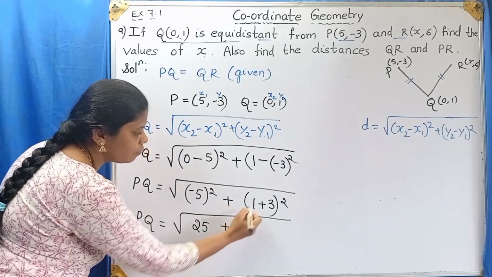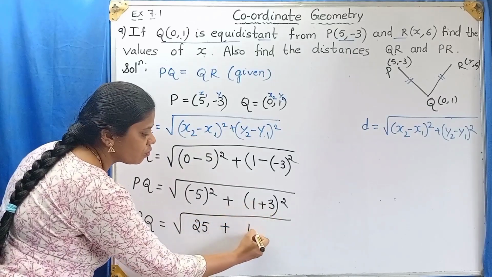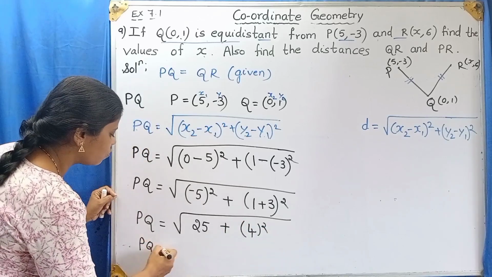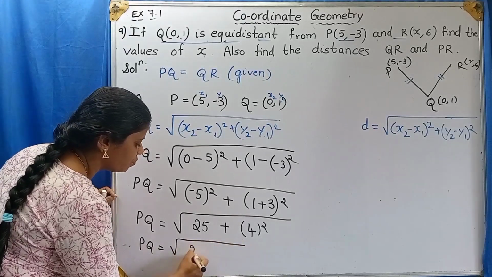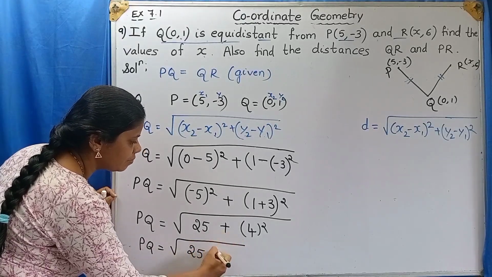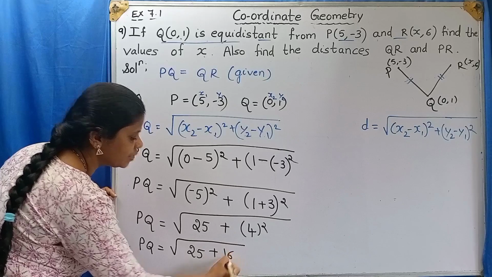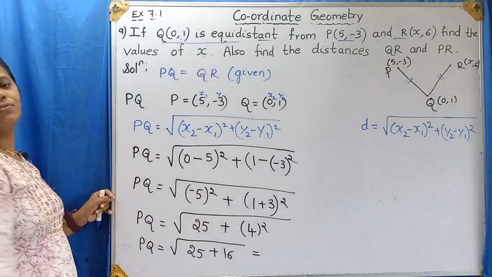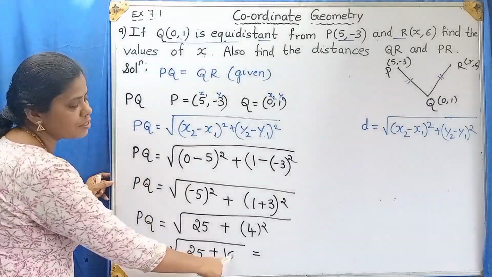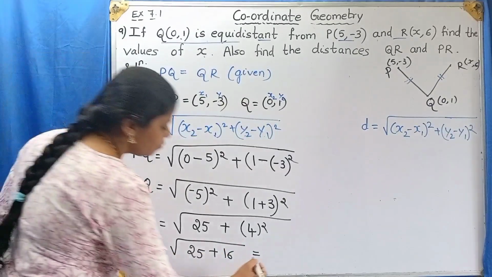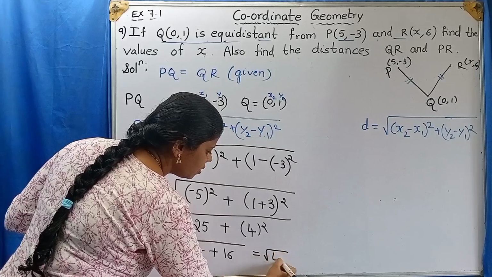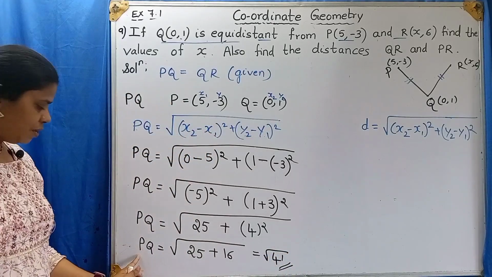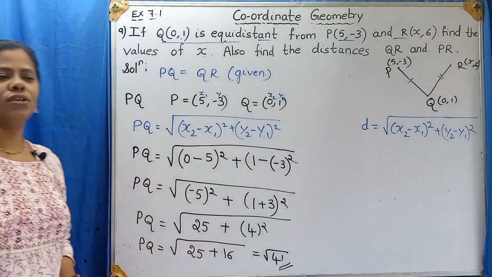Plus 1 plus 3 is 4, 4 the whole square. PQ is equal to square root of 25 plus 4 square, which is 16. That is PQ is equal to square root of 25 plus 16. 25 plus 16 is 41. The distance between the points P and Q is square root of 41.